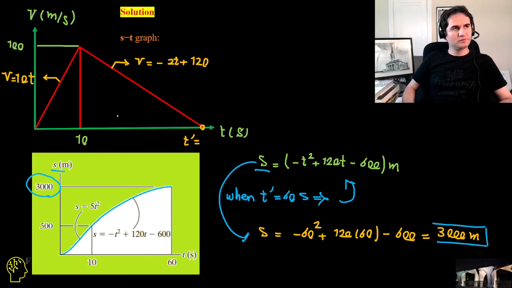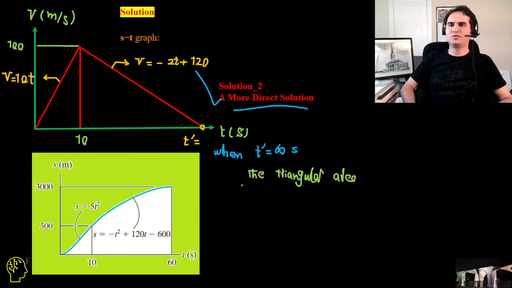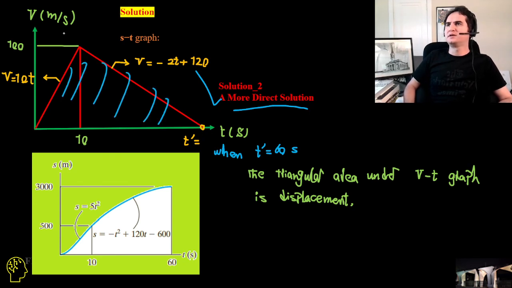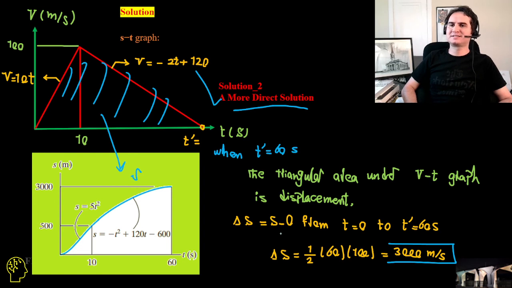You can also solve the second part with a simpler, more direct approach, and that's the triangular area under the v-t graph. The area under velocity is always displacement. So delta S is equal to S minus 0 from 0 to 60 seconds, because displacement here is 0, and we want to know the total displacement.